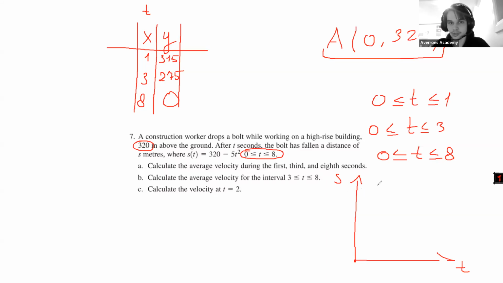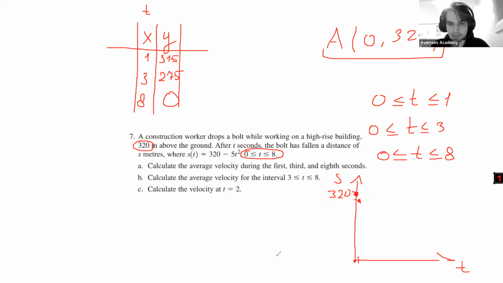You would plot the points exactly. You would plot the point 0 first: x equals 0, s equals 320. It would start here, then the second point would be somewhere here. You see, we're slowly increasing the speed.